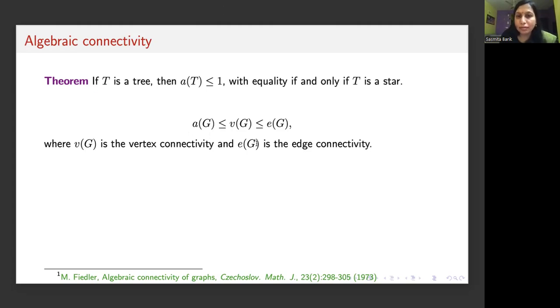And this is a relation that you can follow in this paper. So you can prove it also. Algebraic connectivity is always less than or equal to vertex connectivity, and that is less than or equal to edge connectivity.